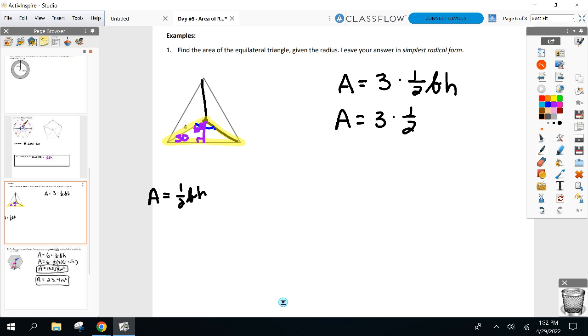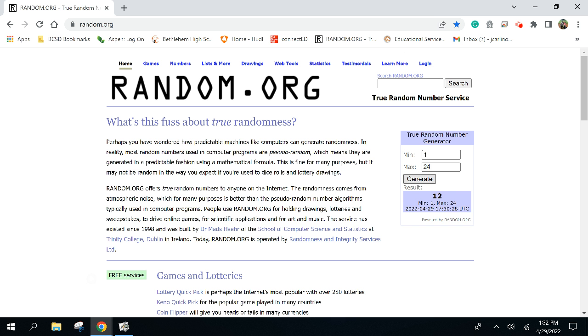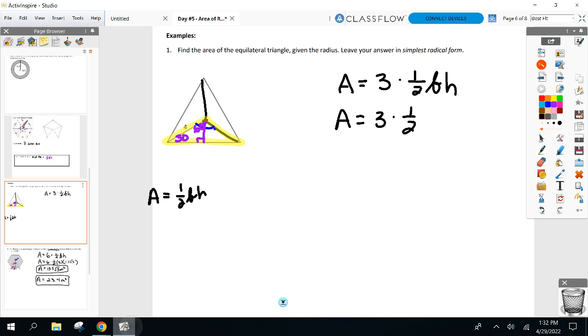Forget that. 4. Shorter, longer, or hypotenuse? Hypotenuse. Can you guys get me the side across from 30? Do we have to write the rules again? Hypotenuse equals shorter leg times 2. Longer leg equals shorter leg times radical 3.